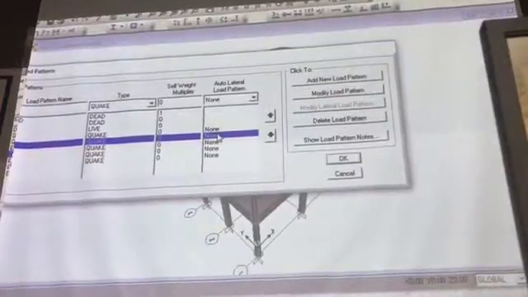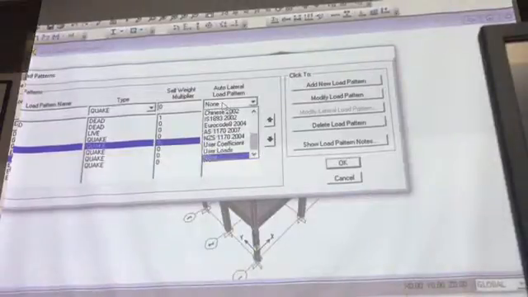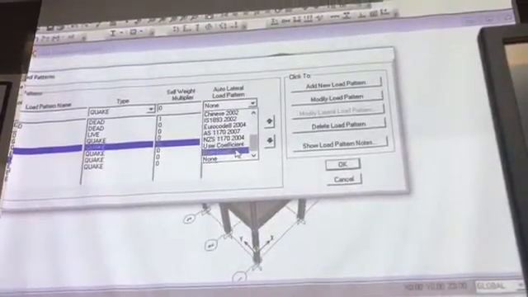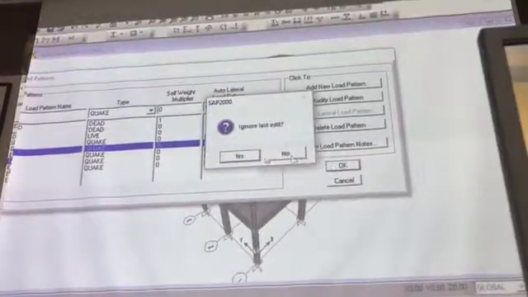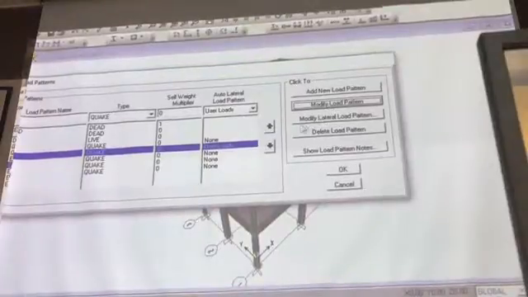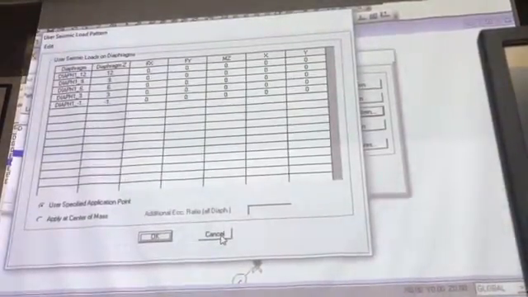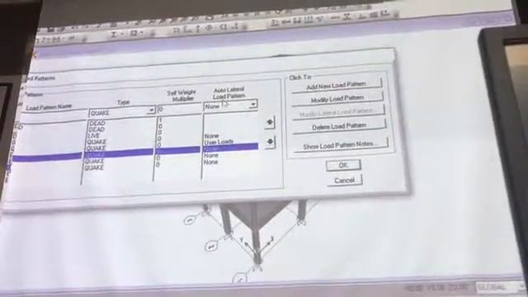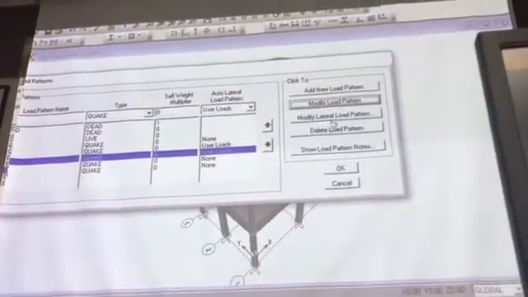For EXP, select user loads, and click on modify lateral load pattern. Similarly, for EXN, select user loads. Modify and modify load pattern.